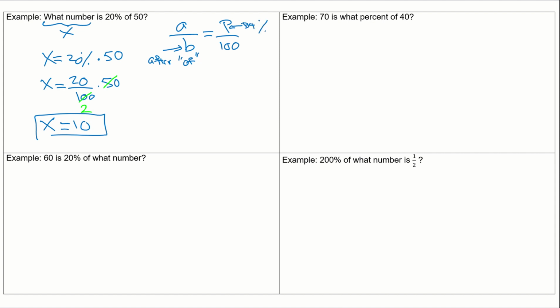That's the lazy way of writing before percent, right? So if we go back to the original problem and look, what comes after the word of? 50. So I know that's going to be my B. And what comes before the word percent? That's 20, right? So the unknown is going to be the A.